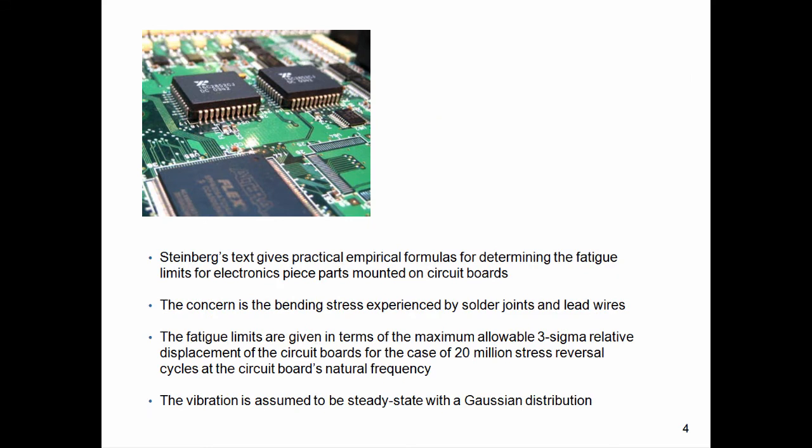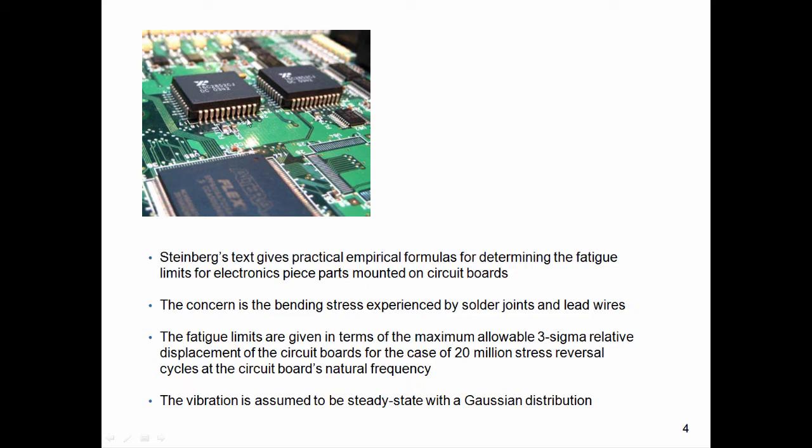Our concern here is these piece parts that are soldered to the circuit board. Dave Steinberg has said the peak stresses of interest, in other words the most likely failure modes, are going to occur in these lead wires and solder joints. When that happens, the circuit will be broken, and in extreme cases, the whole piece part may even dislodge from the circuit board.